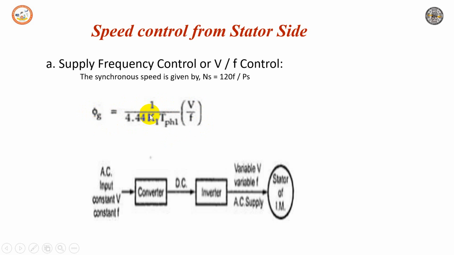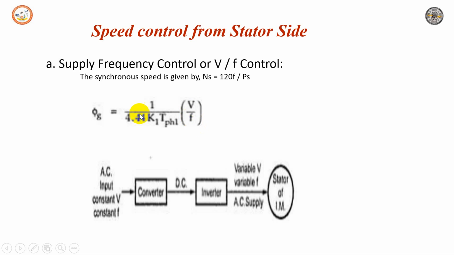So V = 4.44 K1 T phase F into phi g. If you change the frequency alone in the stator, it will have an adverse effect on this air gap flux. That means the air gap flux increases with a decrease in the frequency.